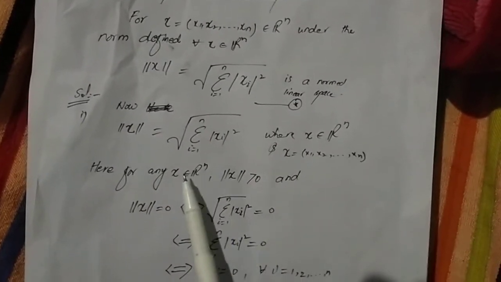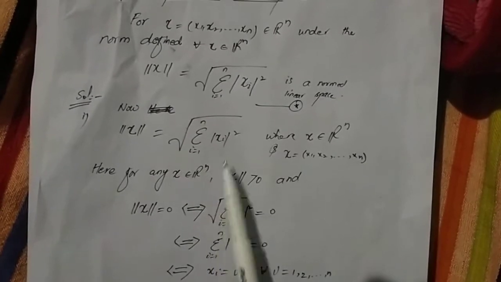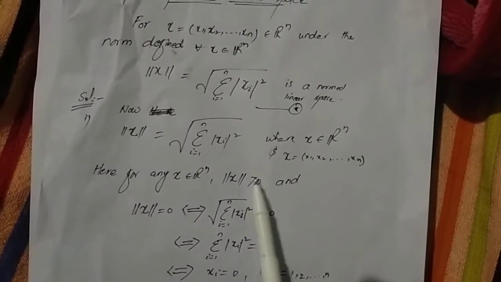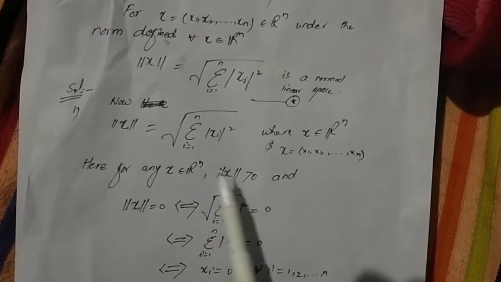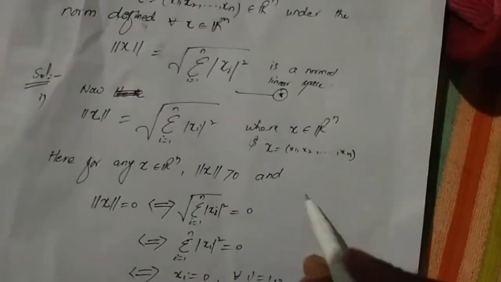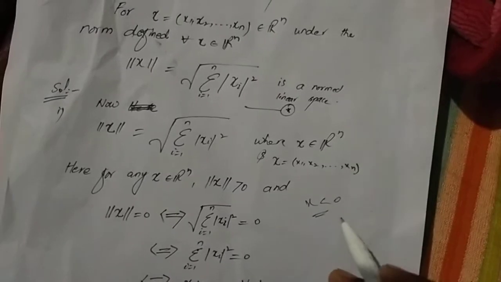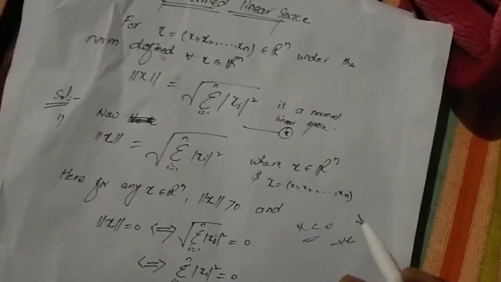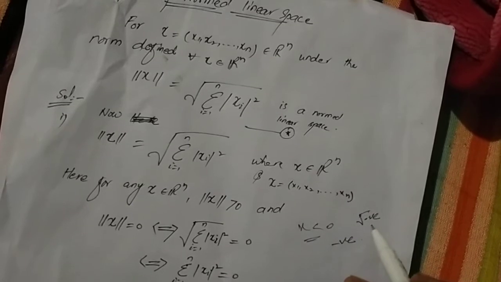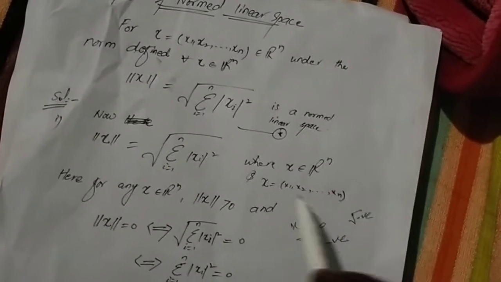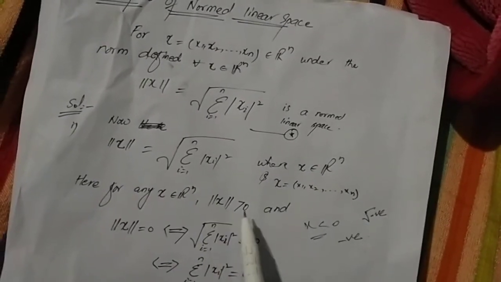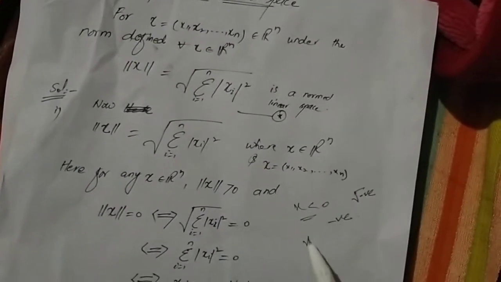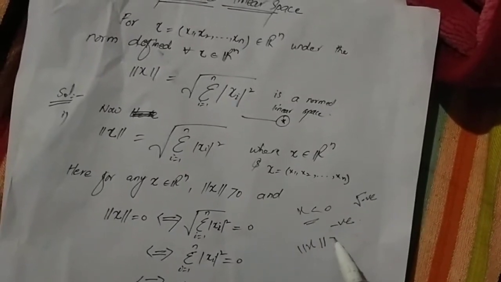The reason is that if x is less than 0, meaning it is negative, and a negative number is under the root, then it becomes complex and would not be an element of R^n. Here the elements of R^n are real, and that is why the norm of x must be greater than or equal to 0.